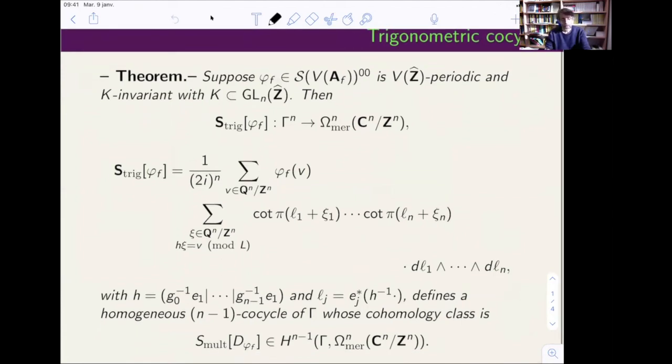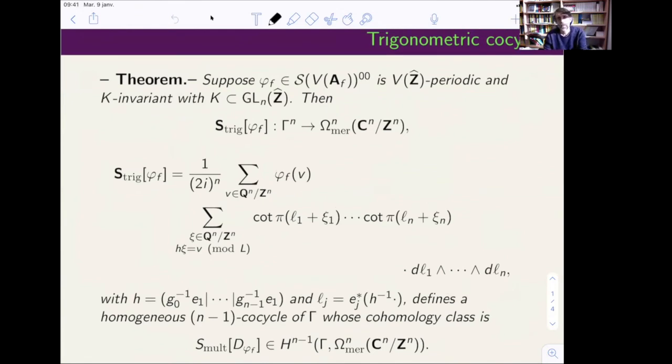So again, I insist phi f satisfies this special condition. To have a simple statement, I have fixed the lattice, so I ask that it is Z^n periodic, and that it is invariant by a subgroup that in fact belongs to GL_n(Z). Then we can write down an explicit cocycle that is really a linear combination of n-fold products of forms that are cotangent function times dz.